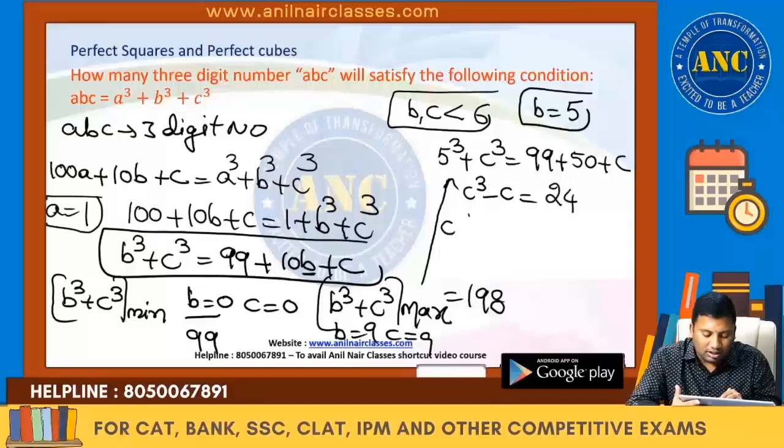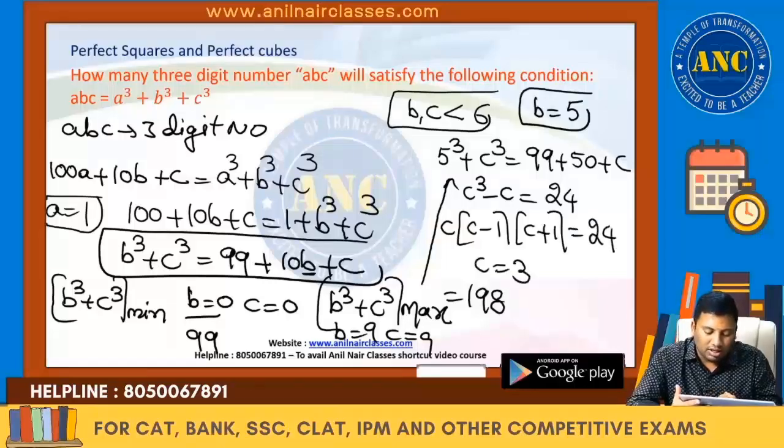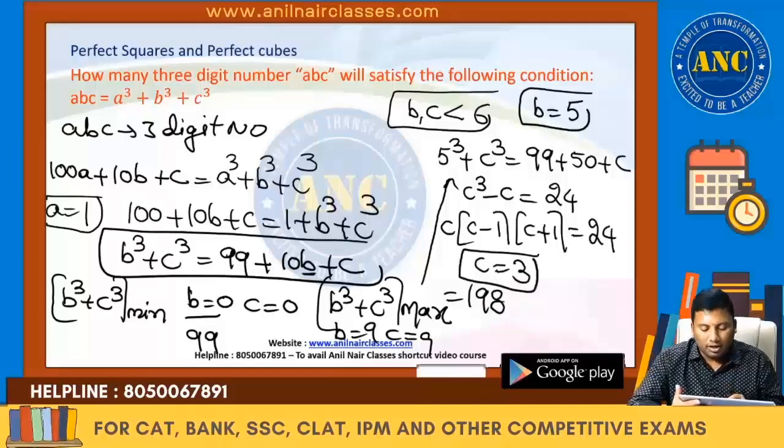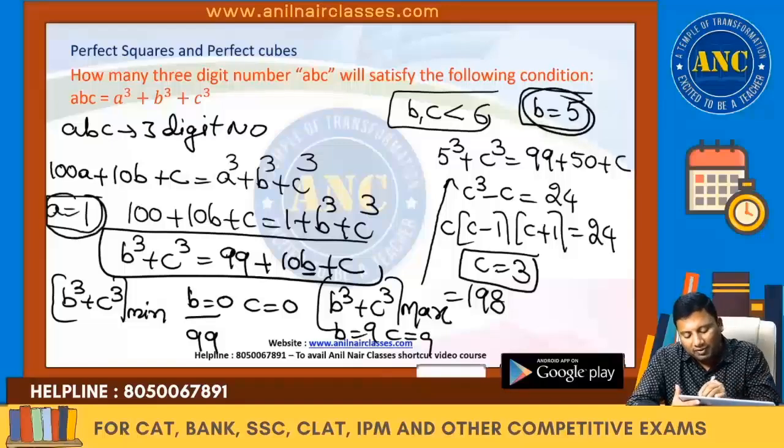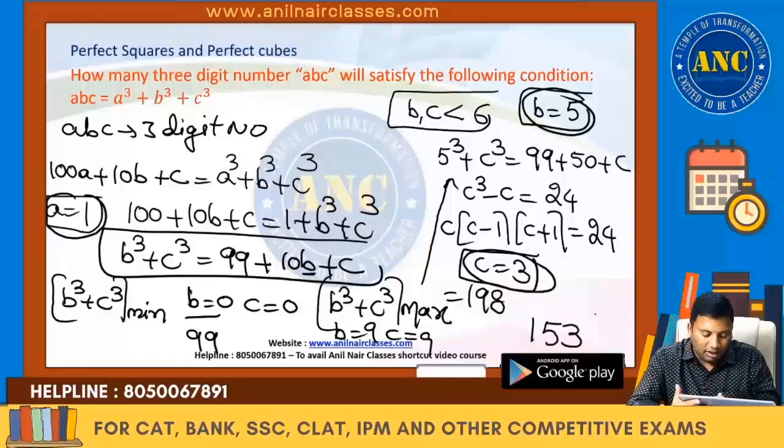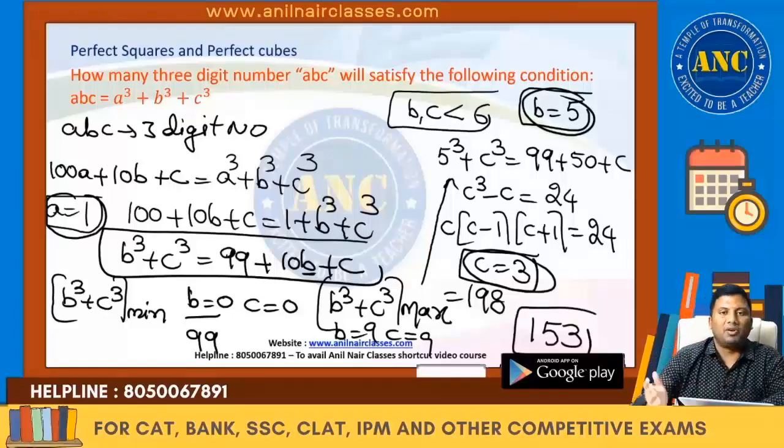So this is nothing but C into C square minus 1, which is C into C minus 1 into C plus 1, equals 24. C is 3, because 3 into 2 into 4 is 24. A value 1 we got, B value 5 we got, C value 3 we got. So the number is nothing but 153. Are you all with me?